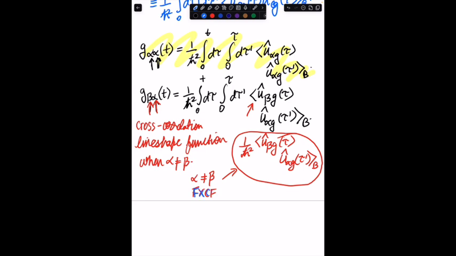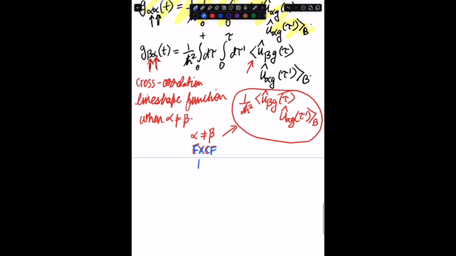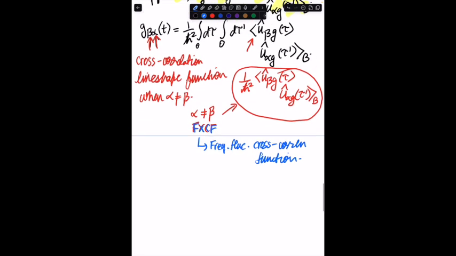So FXCF means your frequency fluctuation cross correlation function. I previously introduced you guys to your autocorrelation.